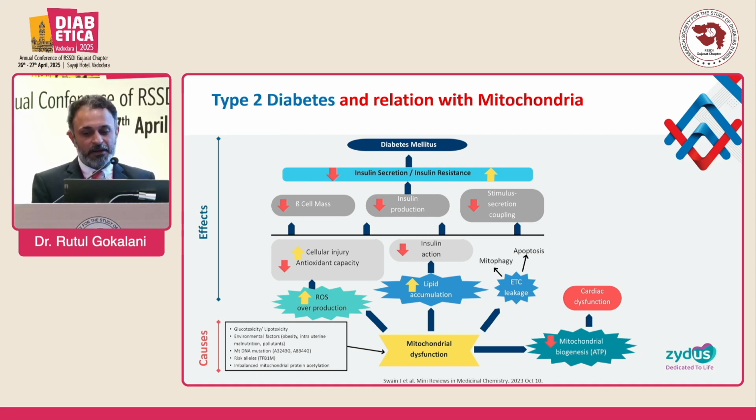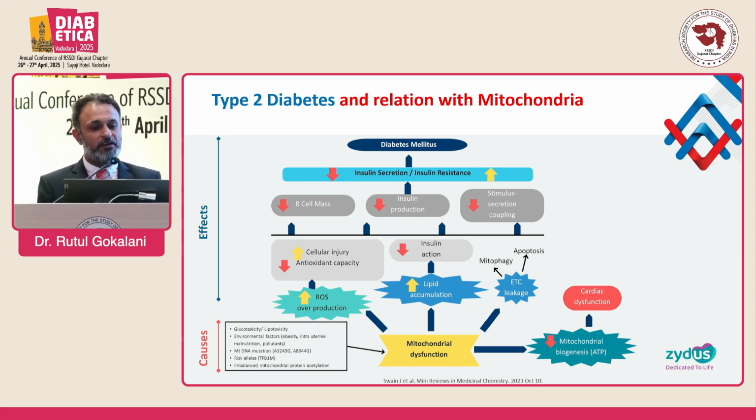But at cardiac level, mitochondrial biogenesis is reduced, so ATP production is reduced, and ultimately it causes cardiac dysfunction. So all dysfunction except cardiac dysfunction, if you see at blood sugar, what changes does it make?